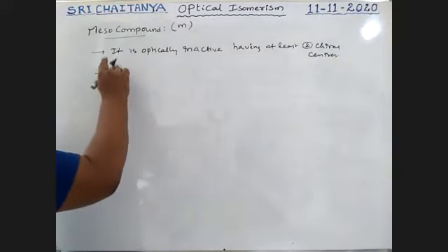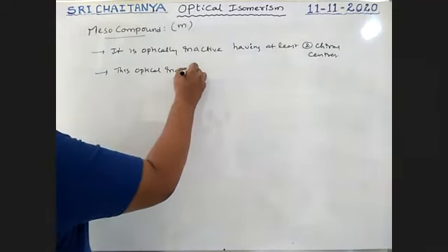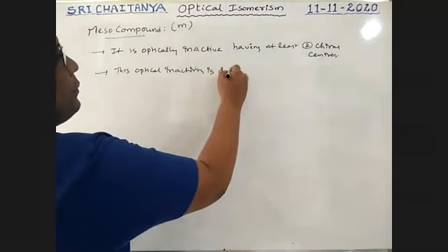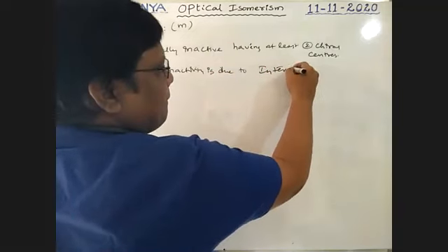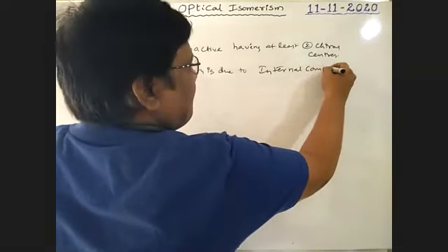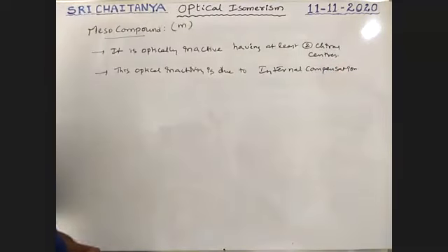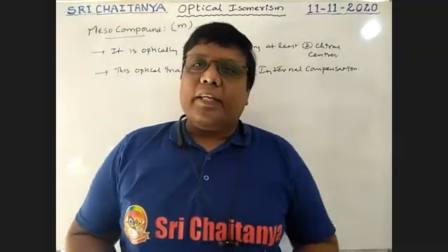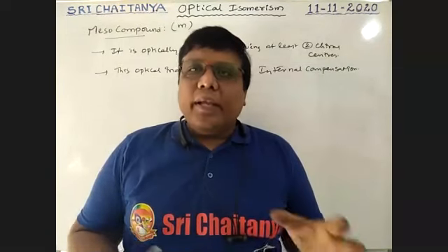This optical inactivity is due to internal compensation. Even though a chiral center, an asymmetric center, is there, the molecule is optically inactive due to internal compensation.